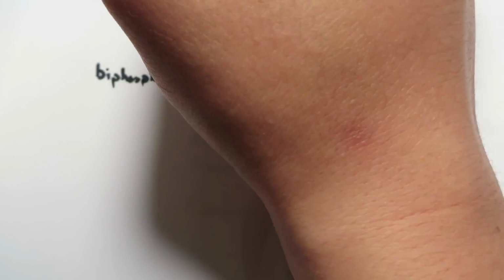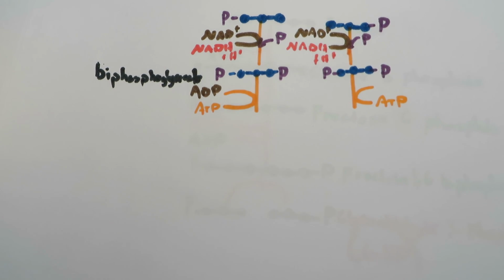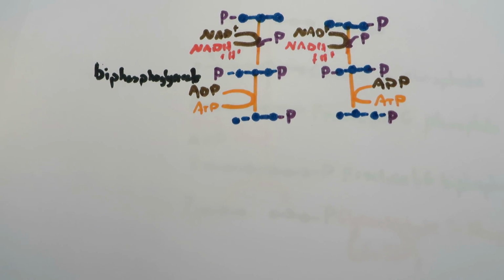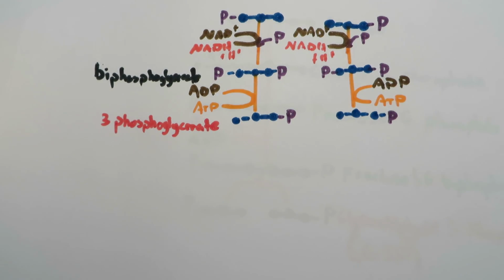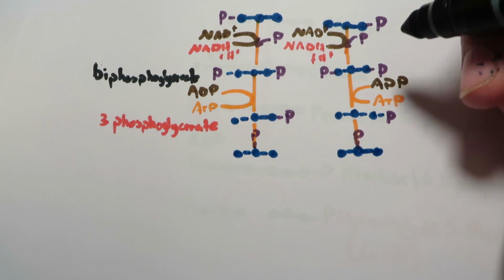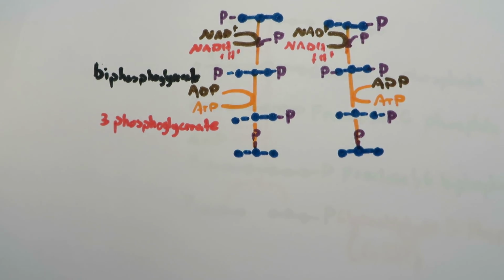Next, adenosine diphosphate comes and turns into ATP. This yields 3-phosphoglycerate. The phosphate group then moves to the 2 position to make 2-phosphoglycerate.